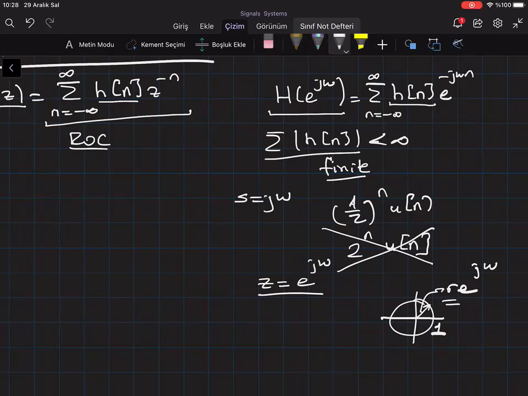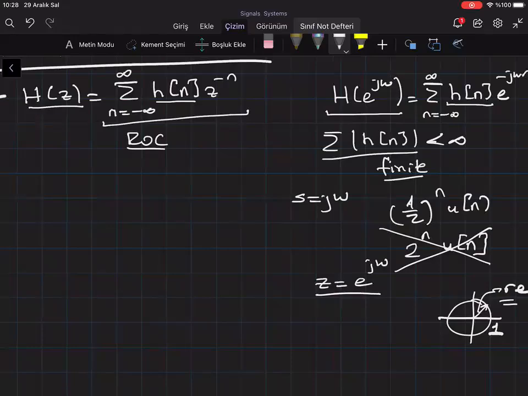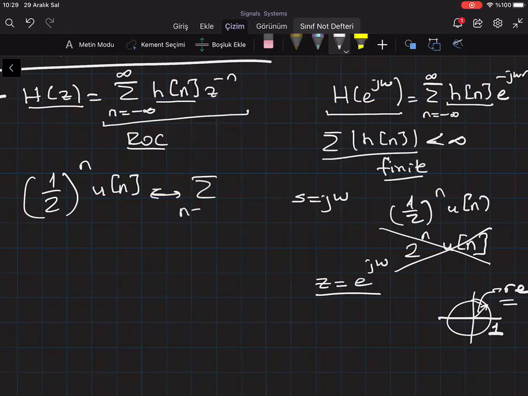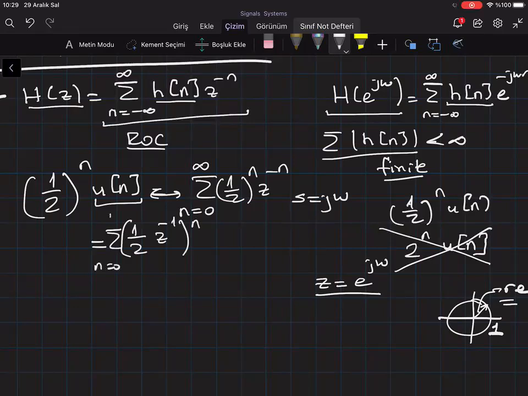Okay, so let me start. Let me remind you one thing here. 1/2 to the power n un: I was finding the sum from n equals 0 to infinity of 1/2 to the power n z to the power minus n, and then I was writing it as (1/2 z to the power minus 1) to the power n from 0 to infinity.